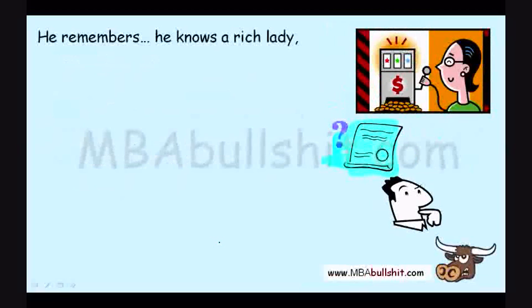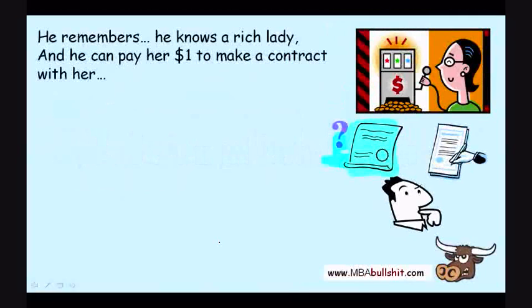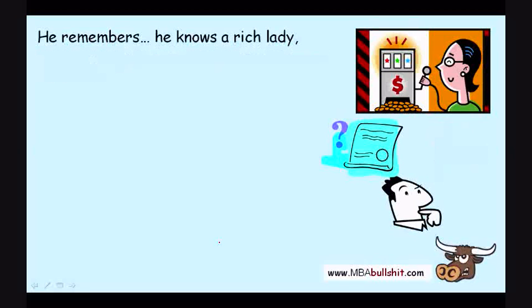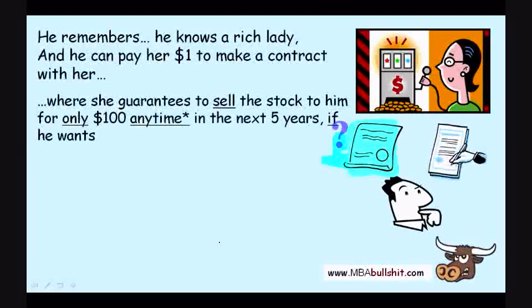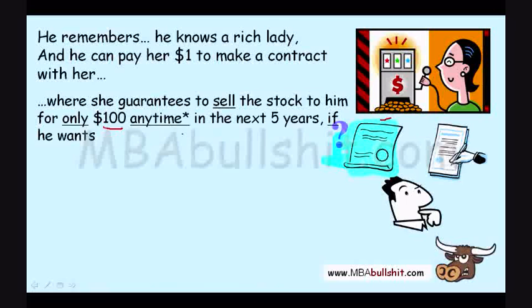Suddenly he remembers that he knows a rich lady and that he can pay her $1 to make a contract with her. So this is the contract on the right side. And in the contract, she guarantees that she will sell him the stock for only $100 anytime in the next 5 years if he wants.